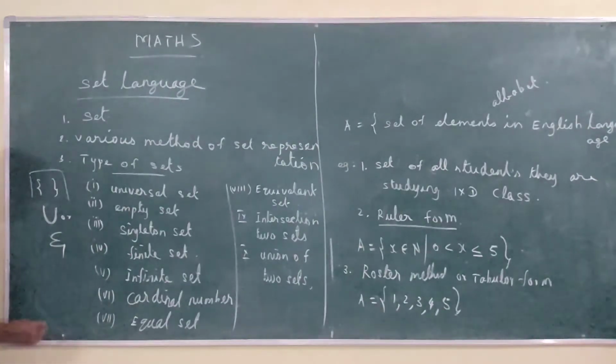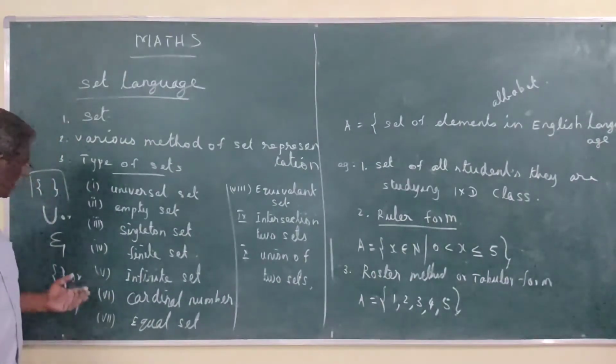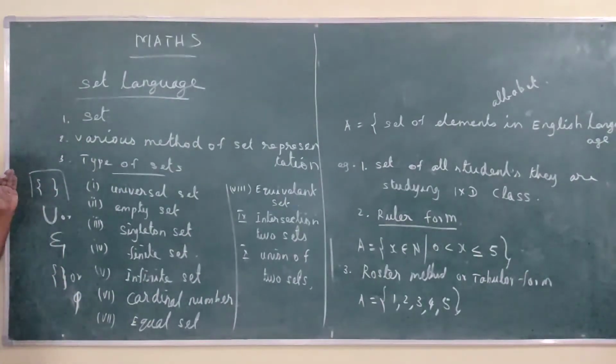Then empty set: we simply write the set brackets with no elements inside. Such a symbol is called the empty set, or we can represent it with phi. Phi also represents the empty set. So now you know the symbol for set A, the symbol for the universal set, and the symbol for the empty set. We are clear about the set symbols.